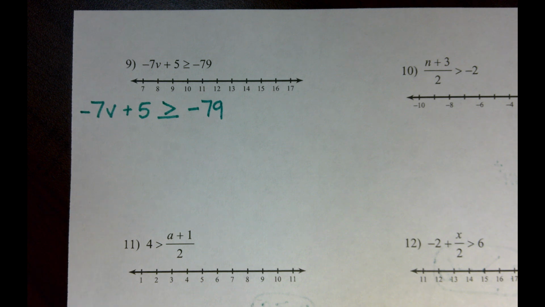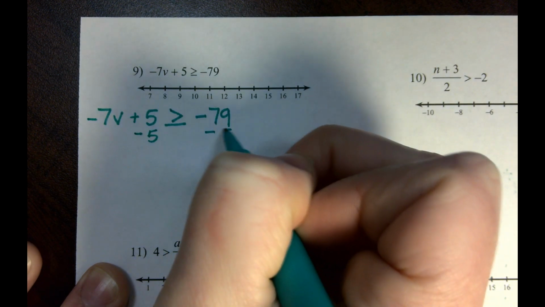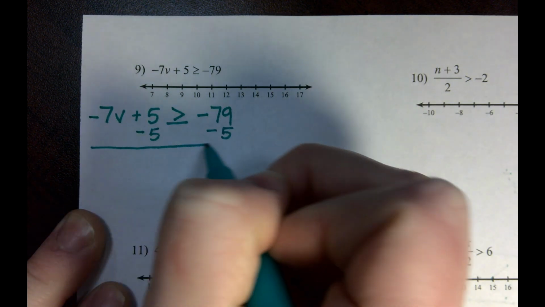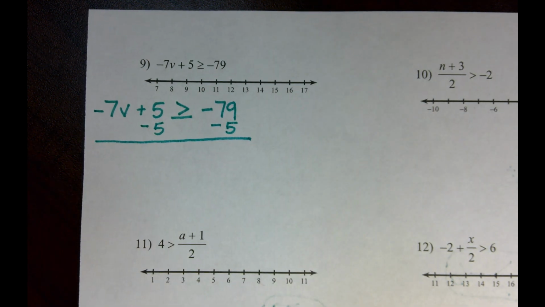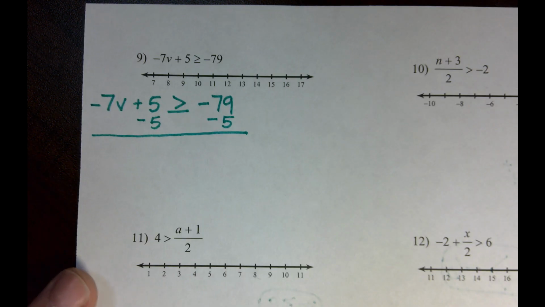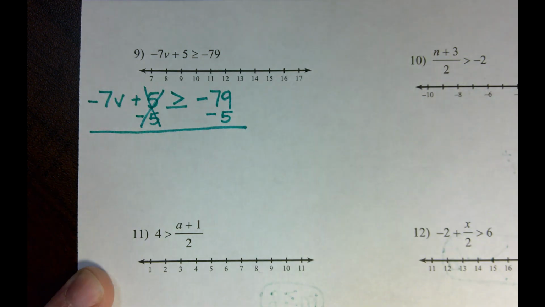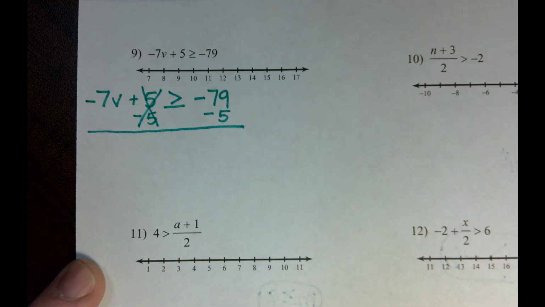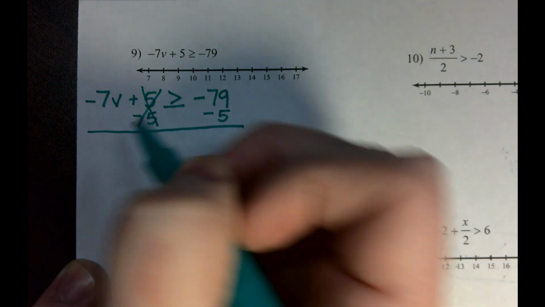So what should we do first? Subtract. Good, let's subtract 5 from both sides. What happens next? My 5s will cancel. And then what?